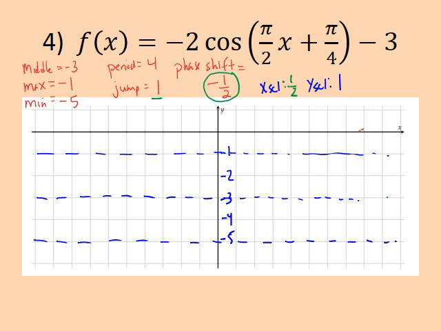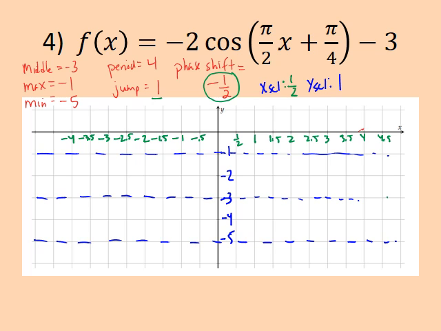Now remember, if our x scale is 1/2 and our jump is 1, that means we're going to have to go over 2 boxes as opposed to 1. Normally we've been going over 1 box. So let's put in our scale. So we have 1/2, 1, 1.5, 2, 2.5, 3, 3.5, 4, 4.5. So we have -0.5, -1, -1.5, -2, -2.5, -3, -3.5, -4, etc.